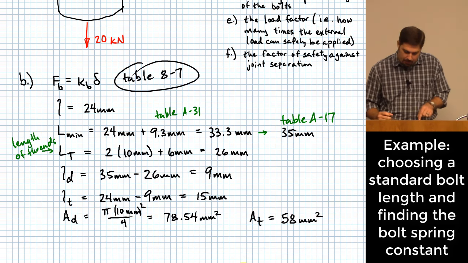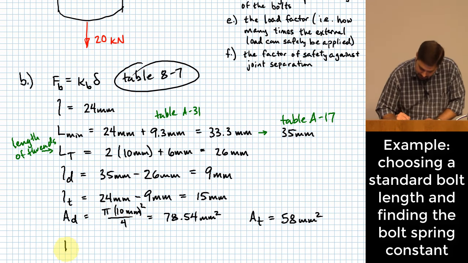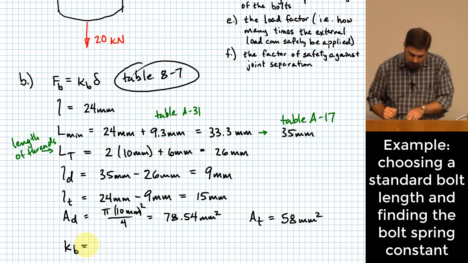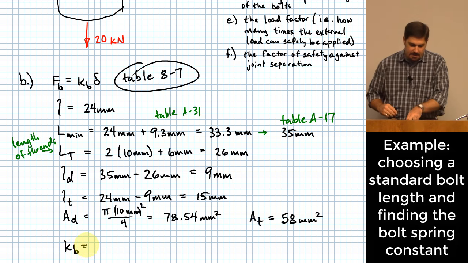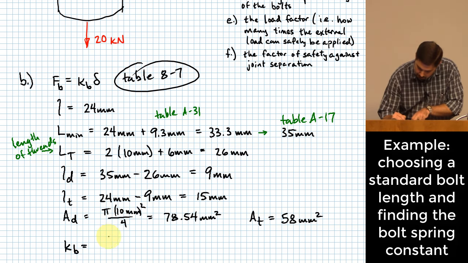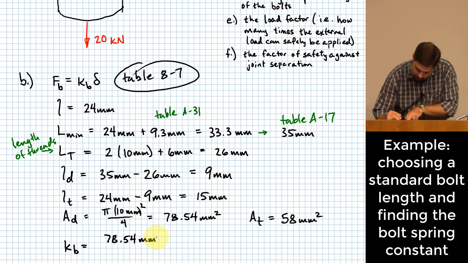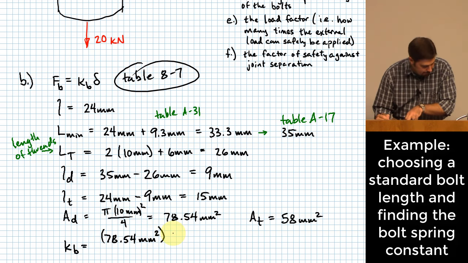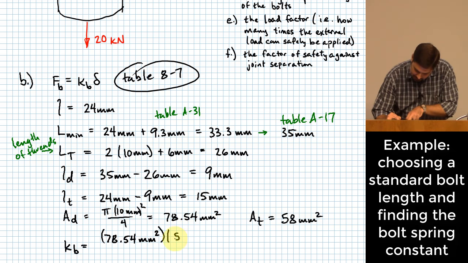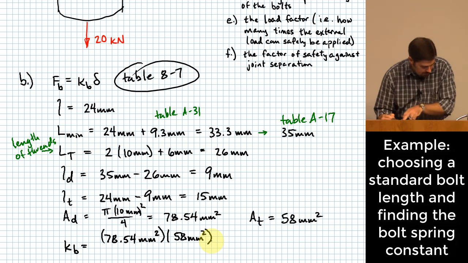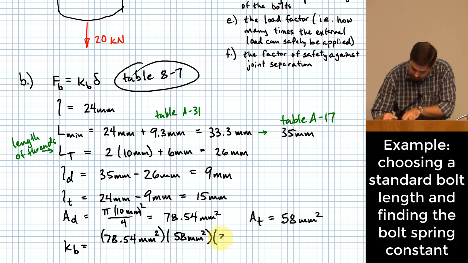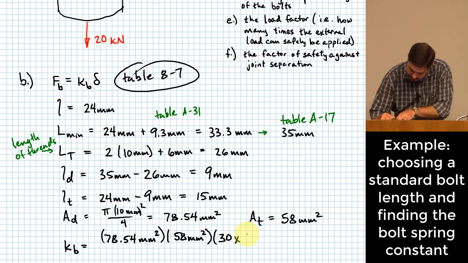All right, now we have all the parameters that we know to be able to compute K sub B. All right, and this is basically the area of the unthreaded portion, 78.54. This is at the bottom of table 8.7. 78.54 square millimeters times 58 millimeters squared times the elastic modulus of these bolts, which again we just assume they are steel.